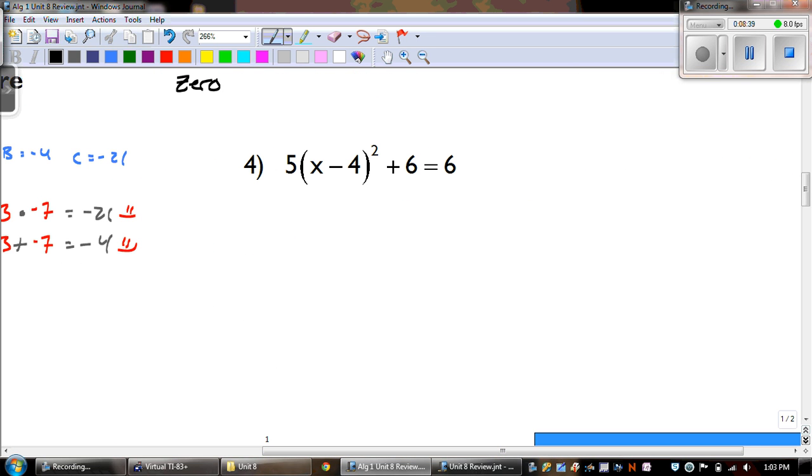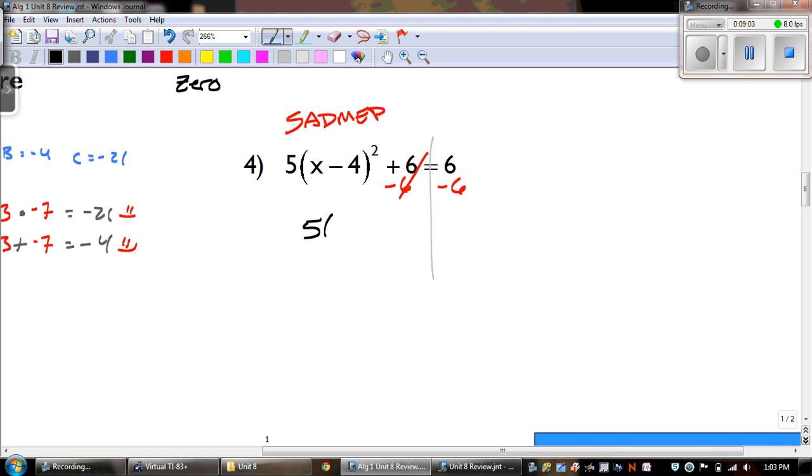All right, number 4. So number 4, right away I see the parentheses, and anytime I see the parentheses, we should solve by SADMAP. Okay, so the first thing I want to do is cancel addition or subtraction. We have addition, so I'm going to cancel that with subtraction.